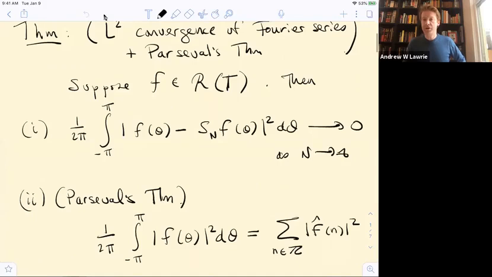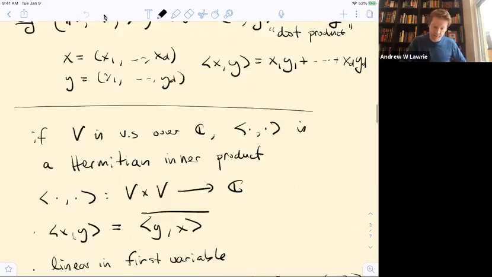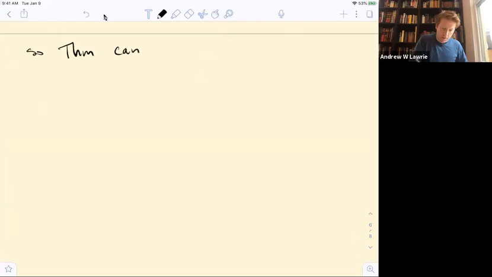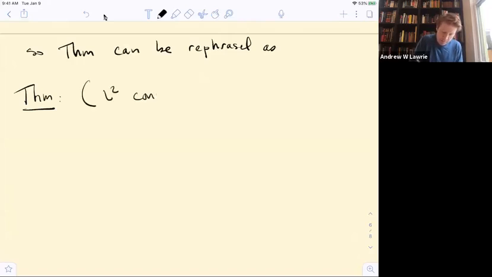With this, I've understood the structure on the space of sequences and on the Riemann integrable functions as vector spaces over the complex numbers with a Hermitian inner product. So the theorem can be rephrased as follows. This is the same as before. L2 convergence.